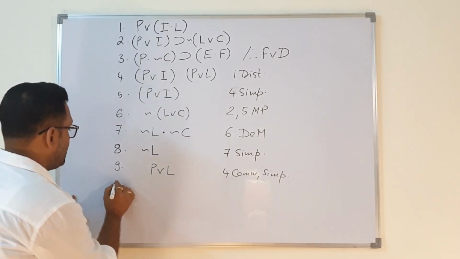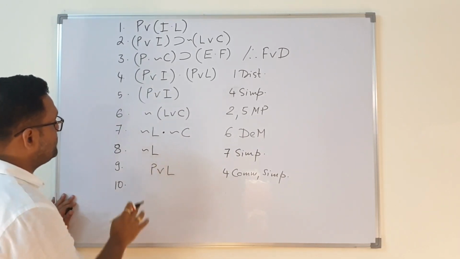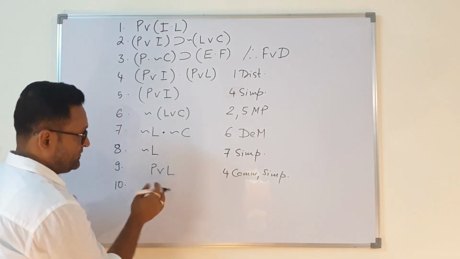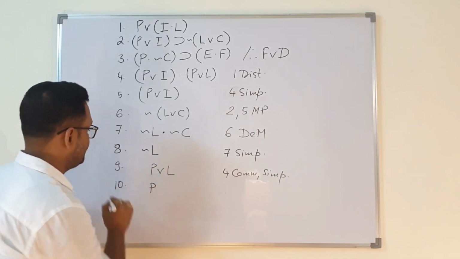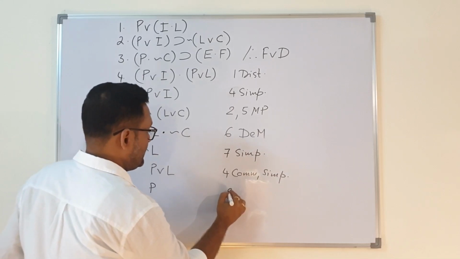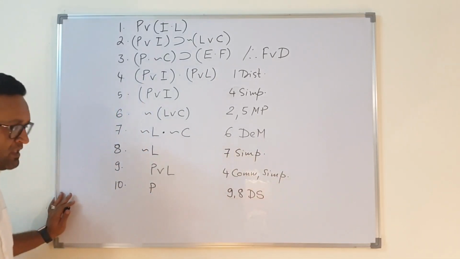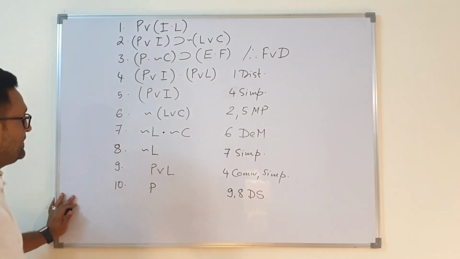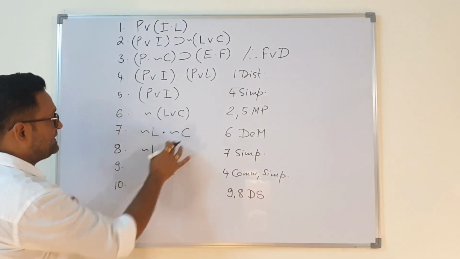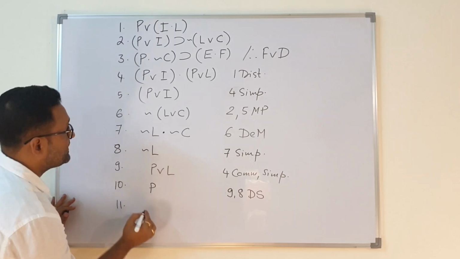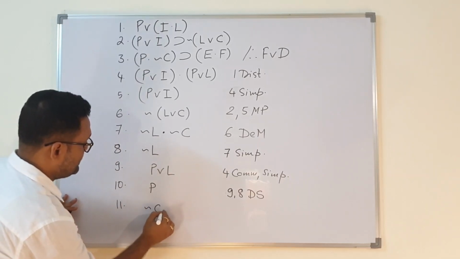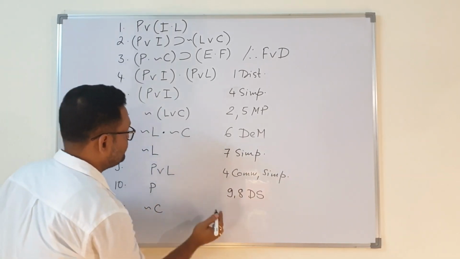Okay. Now step number 10, you will apply negation L here. You can apply, so you will get P. So this will be 9, 8 disjunctive syllogism. So you have got P. Now you can take this P and you can take this C as well. So 11, you can simplify negation C from here.